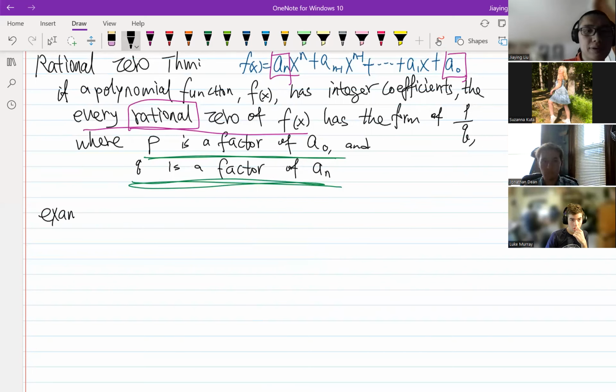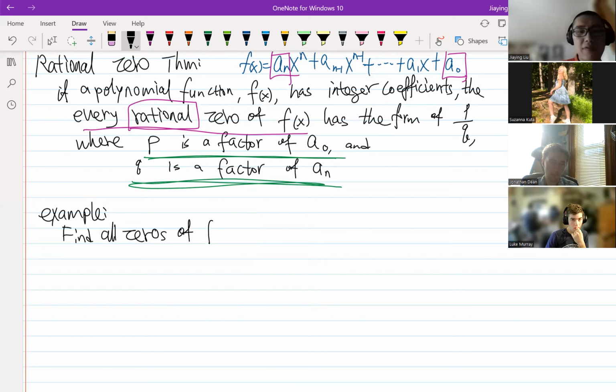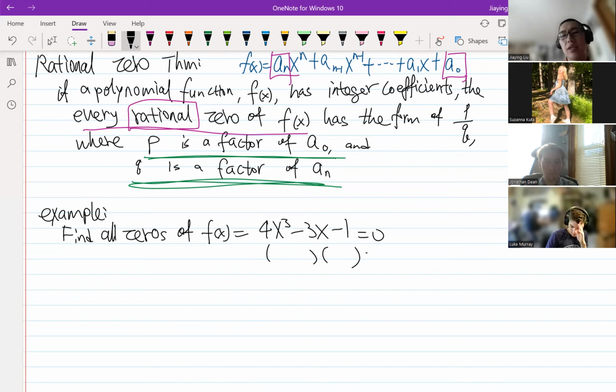So the example is we're going to find all zeros of f of x, which is 4x cubed minus 3x minus 1. By just quick inspection, we cannot factor this using the techniques we know, right? But we still want to find zeros, which means we set it equal to 0, then we have to factor, and then we set each factor equal to 0. But we don't know how to factor yet. How do we find the zeros?